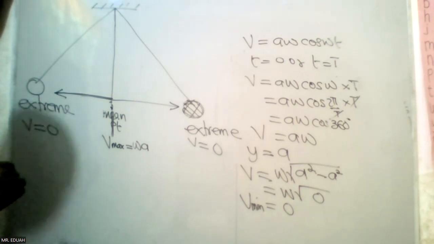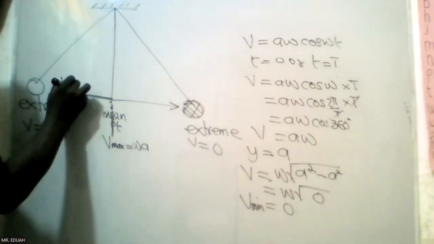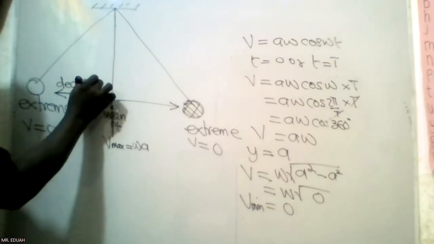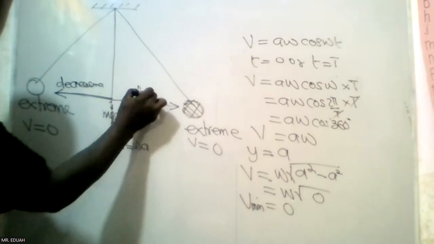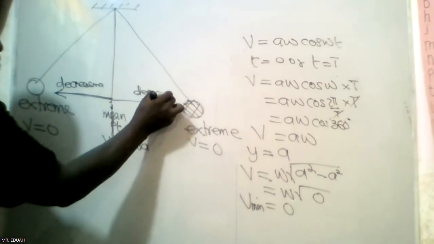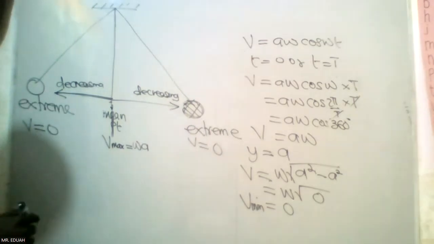So over here we have decreasing velocity. That is why when it gets to the extreme, it is 0.